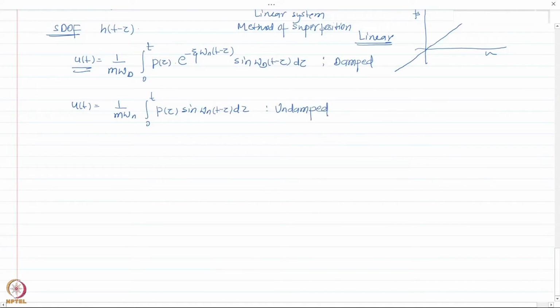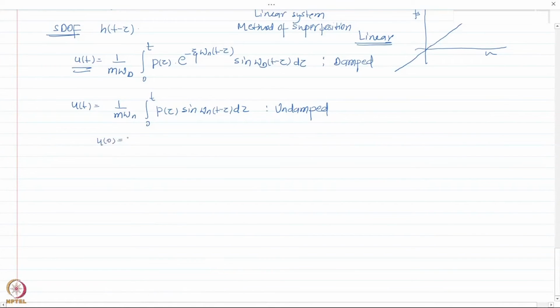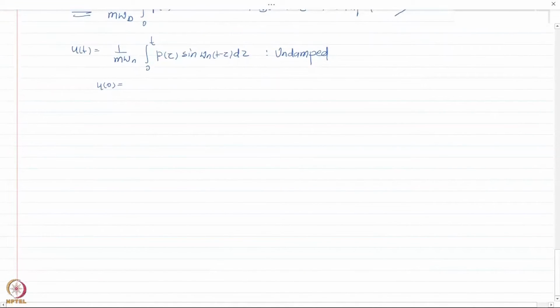Now, one thing to note is that in all these scenarios we had considered u0 as zero, that is, the system was initially at rest. When we said that my force is starting, I just considered the effect of force, assuming that the system was at rest.